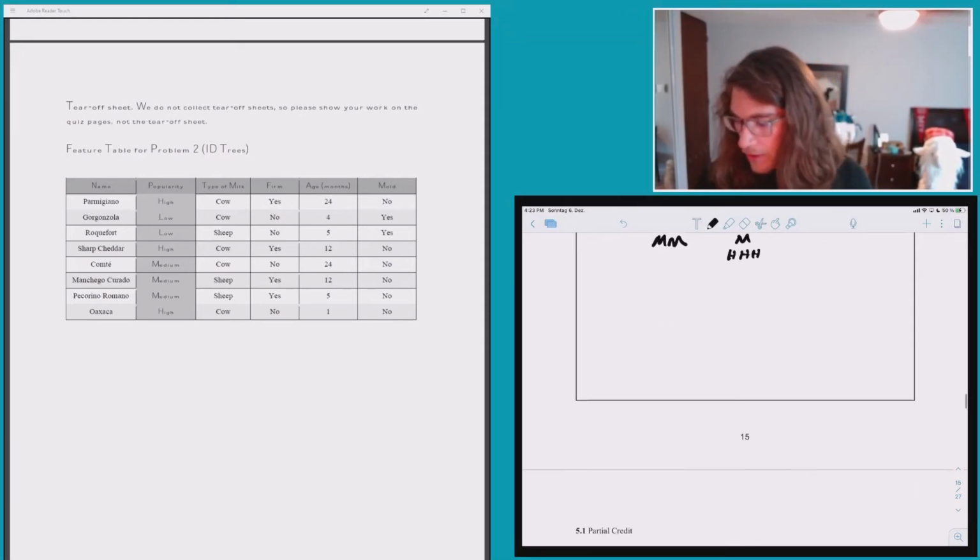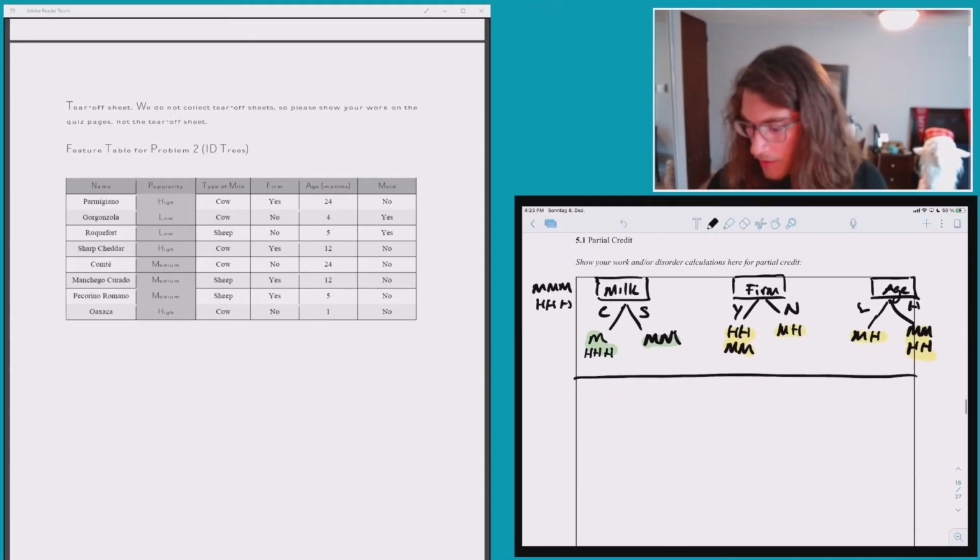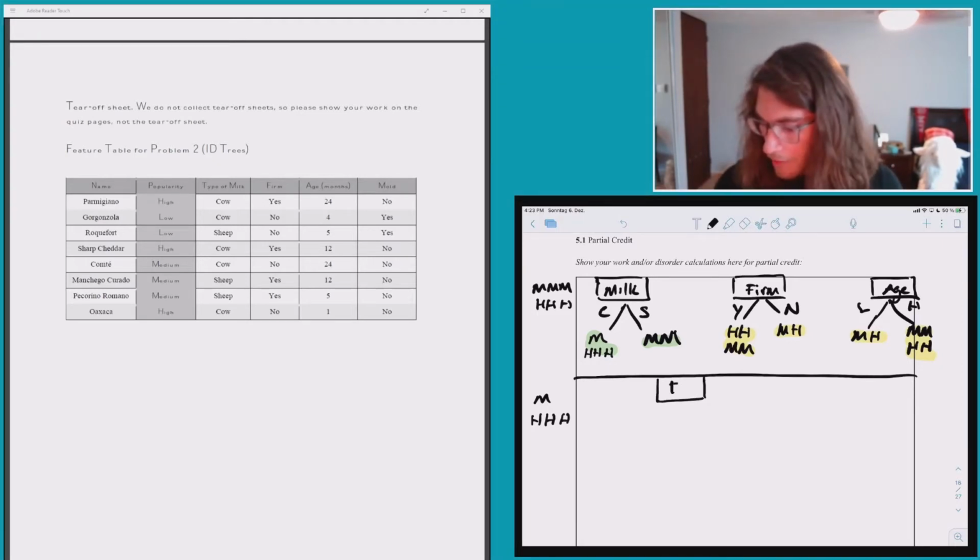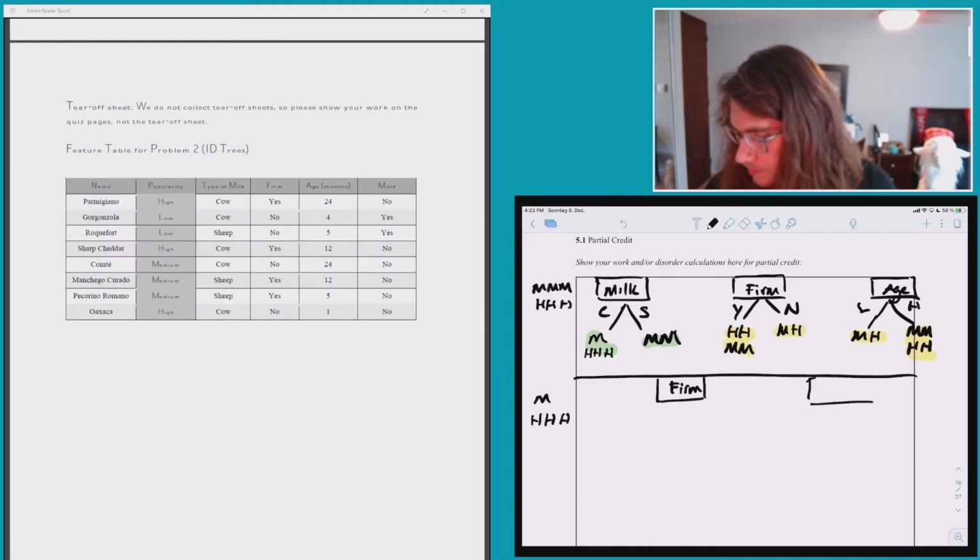And I need to find a new best test. So now I have, well, let me write the data here. 1 medium, 3 highs. Now I have just firm and age.